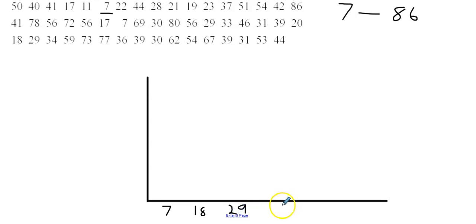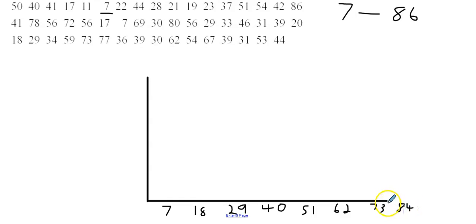I'm going to add 11 again, which will be 40. And I'm going to add 11 again, which will give me 51. And 62. And then 73. And then 84.